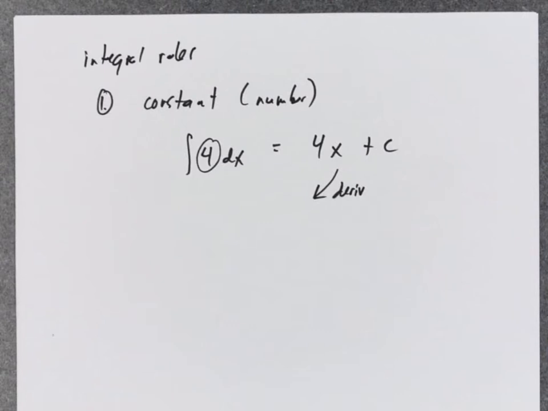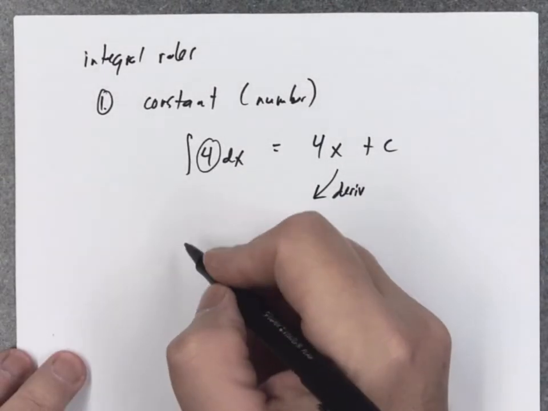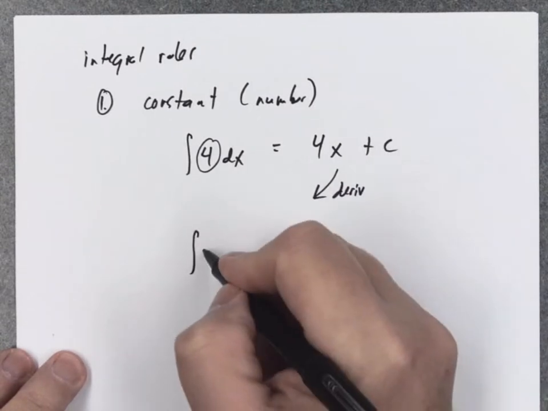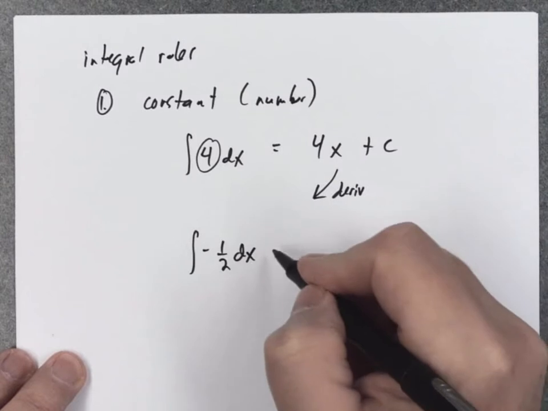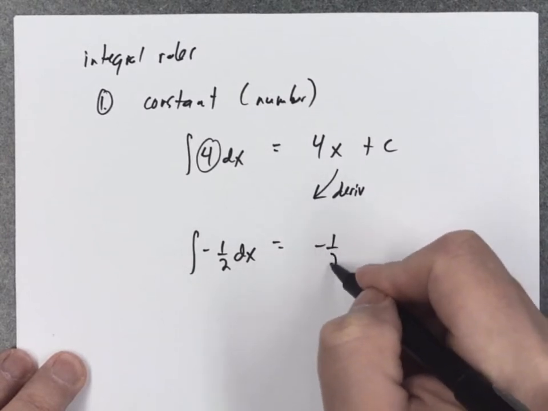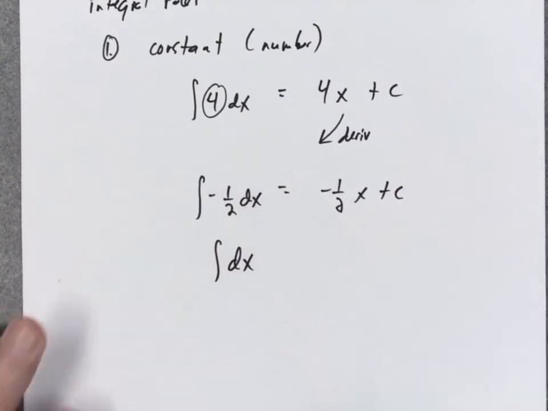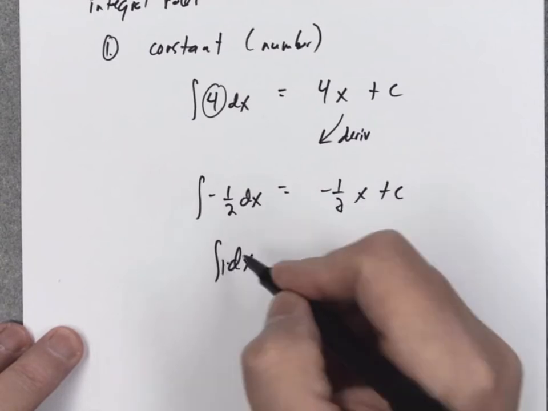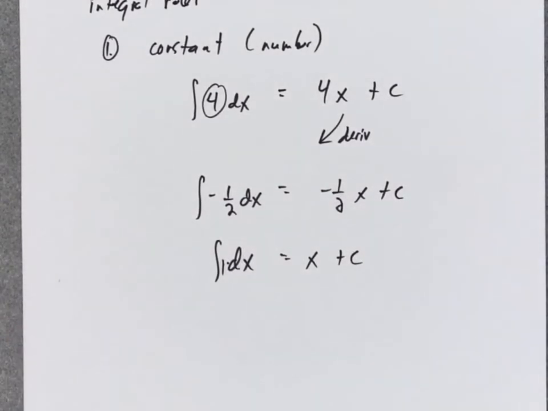So yep, that's true. What if you have this? There's really a 1 there. The integral of 1 times dx is just x plus c.